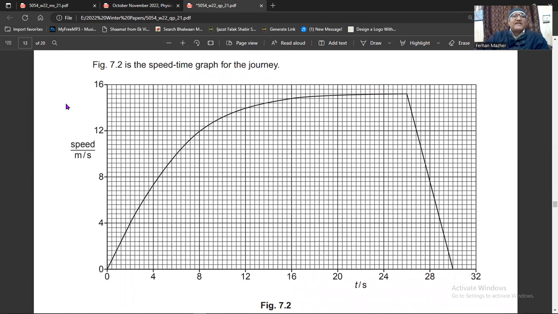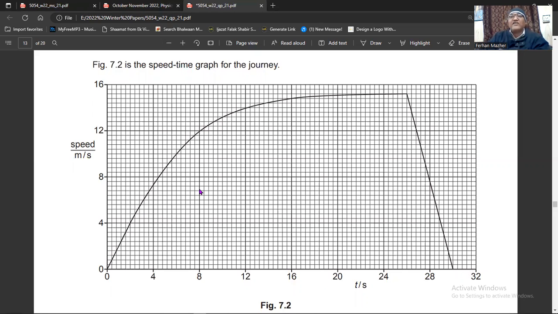Figure 7.2 is the speed-time graph for the journey. Here we have the speed, and here we have the time: 0, 4, 8, 12, 16, 20, 24, 28, 32 seconds. At time t equals 0, the speed is 0. Then the speed increases, and in this diagram it is represented with a curved line.